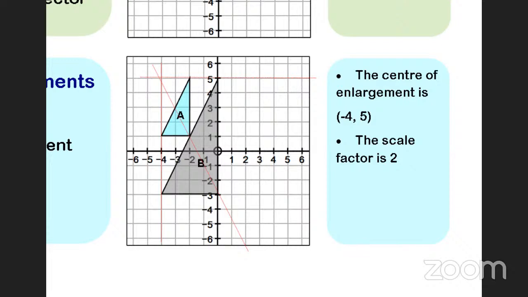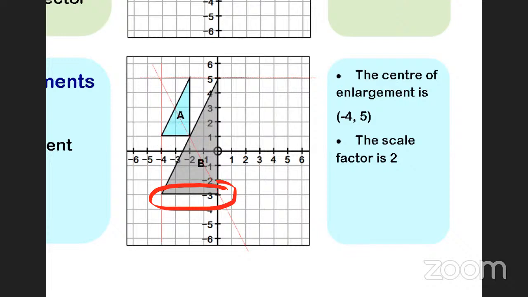Look at that question. I did not give you the scale factor. How are you going to get it? Measure the length of this line and measure the length of this and divide it. And divide it and you'll get your scale factor.